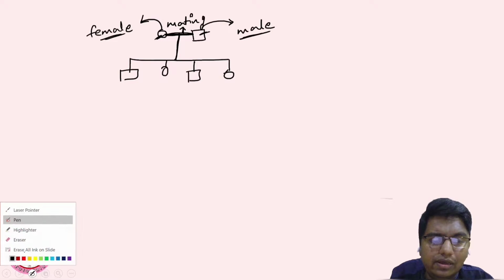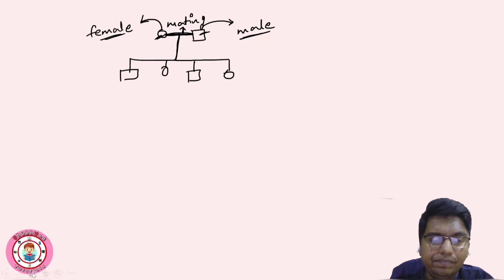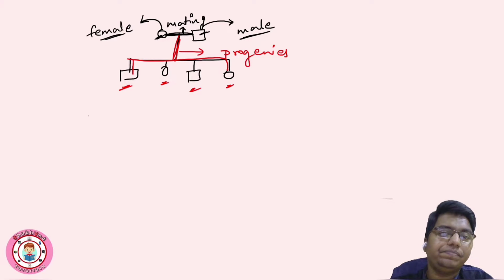Let's draw with a different color. This line here and this represent progenies, their children. This is a male child, a boy, and these are the girls. So this is a simple pedigree.